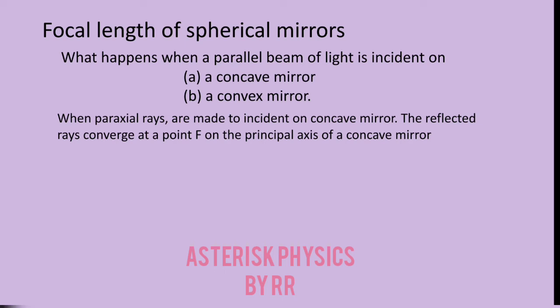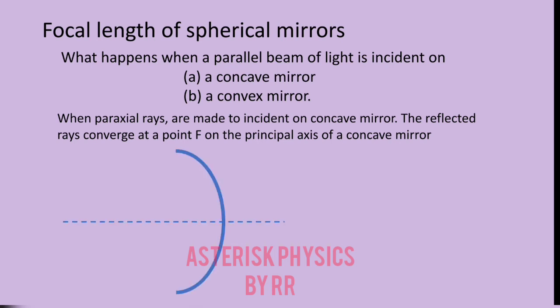The reflected rays converge at a point on the principal axis of a concave mirror. That is, when paraxial rays are made to fall on a concave mirror, then after reflection, these reflected rays will converge to a point. They all pass through a point on the principal axis, and that point is what is called the focal point of the concave mirror.